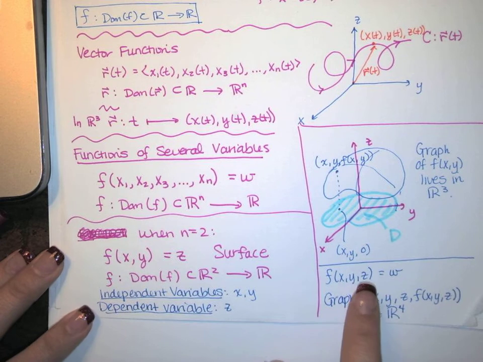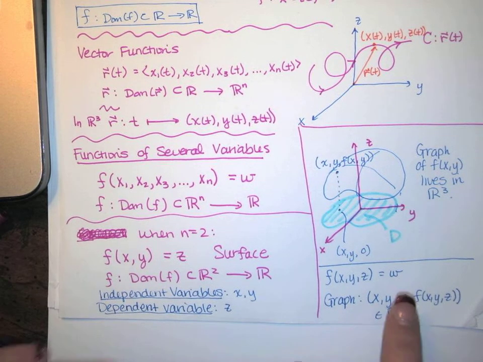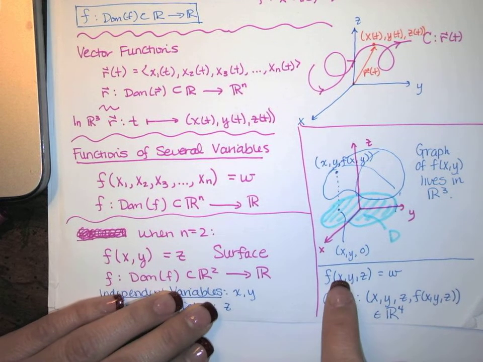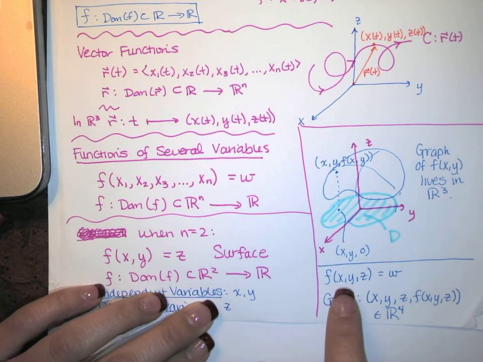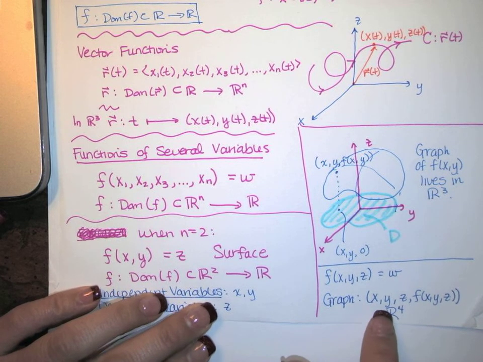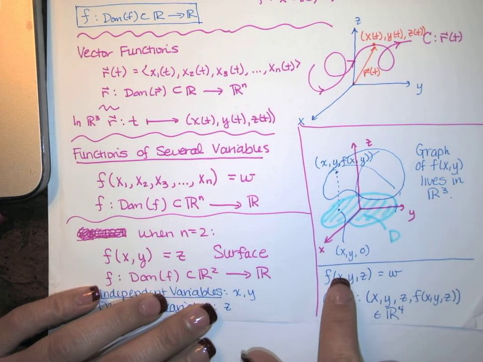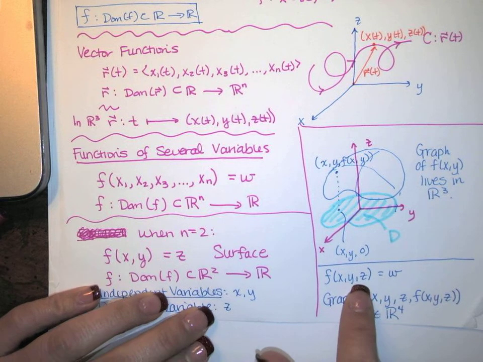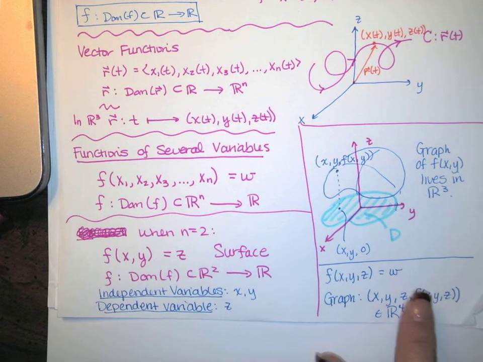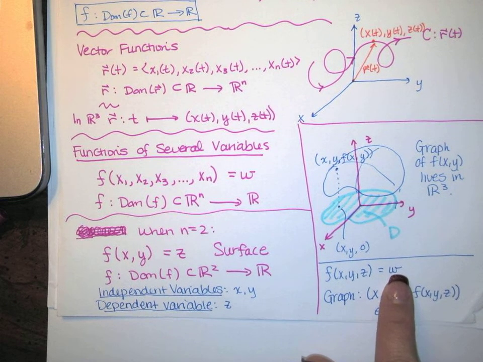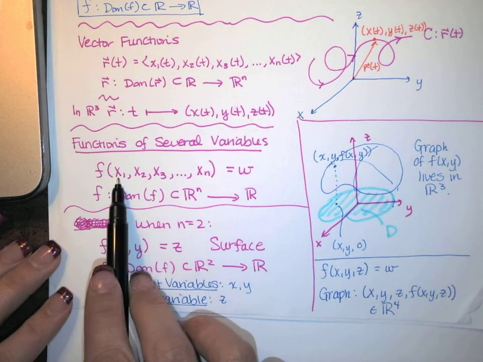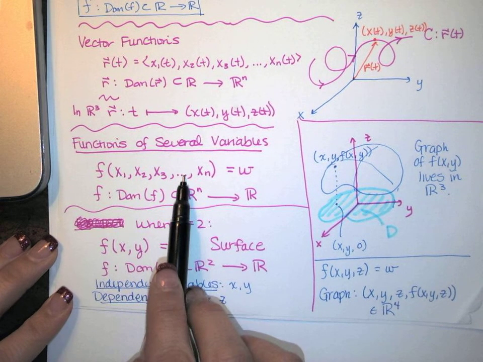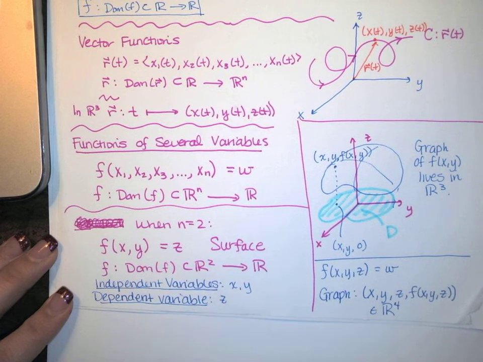So I have a function of three variables. Its graph has to consist of points in R4, because I need a coordinate for the x, the y, and the z. Those are my independent variables. And I also need a fourth coordinate for my output variable, w. So the independent variables, those are the inputs. The w is the output.